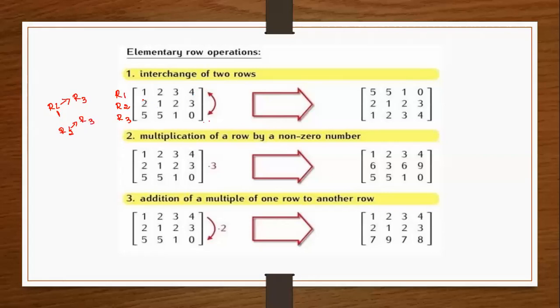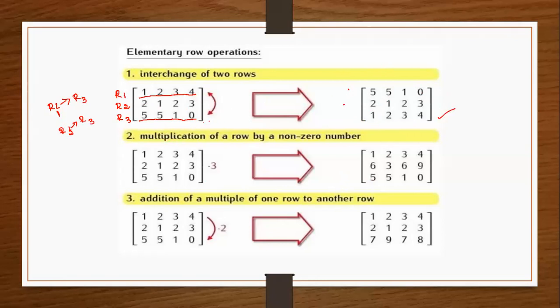See here, all the elements of R1 I'm interchanging with all the elements of R3. So just write whatever is there in R3 in the R1 position, and whatever is there in the first row, you need to write in the third row. So the resultant matrix you get like this.